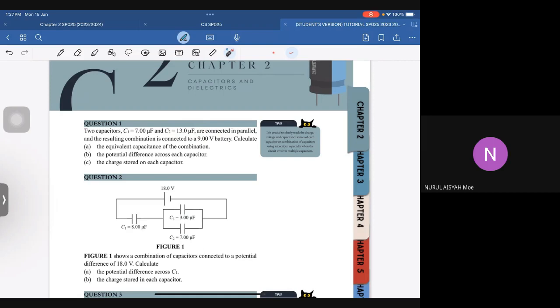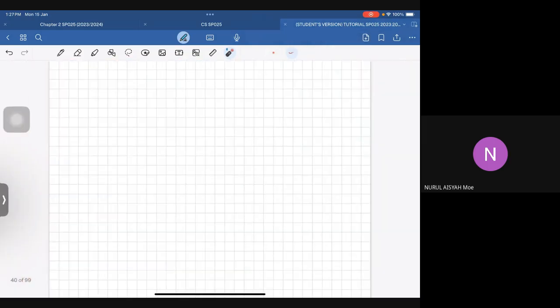Lepas tu dia bagi tahu the resulting combination is connected to a 9-volt battery. Okay, kalau you don't have any problem imagining the circuit, sepatutnya kamu dah tak payah lukis lah. Tapi kalau saya, I always suggest students to try and visualize. So basically you have to sketch lah what's happening.